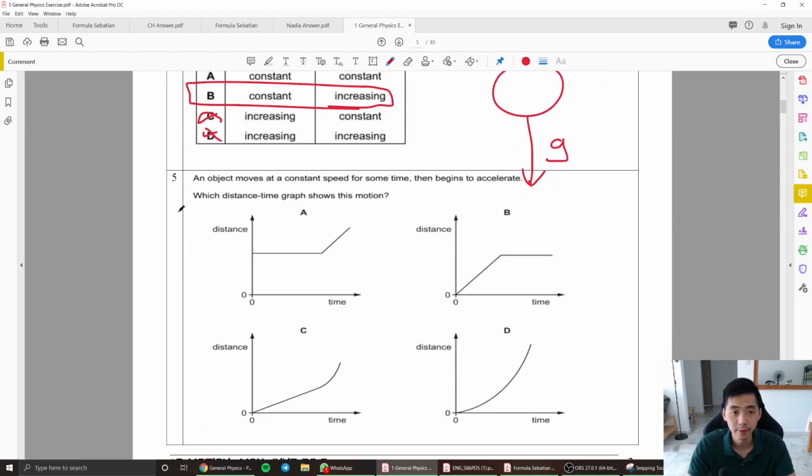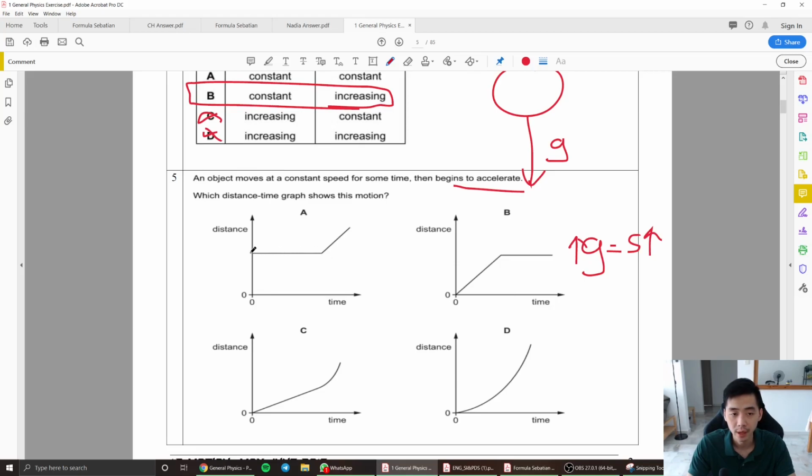And question number 5 here, an object moves at a constant speed for some time, then begins to accelerate. Which distance time graph shows this motion? Now, if you recall, in a distance time graph, the gradient indicates the speed, right? Meaning in order for it to accelerate, I must have increasing speed, also known as increasing gradient.